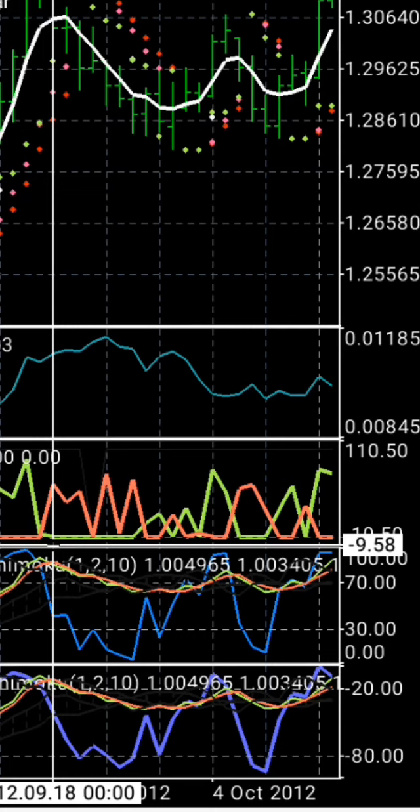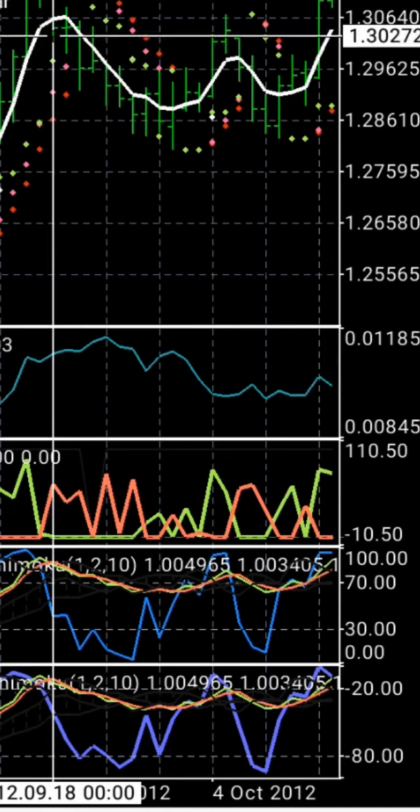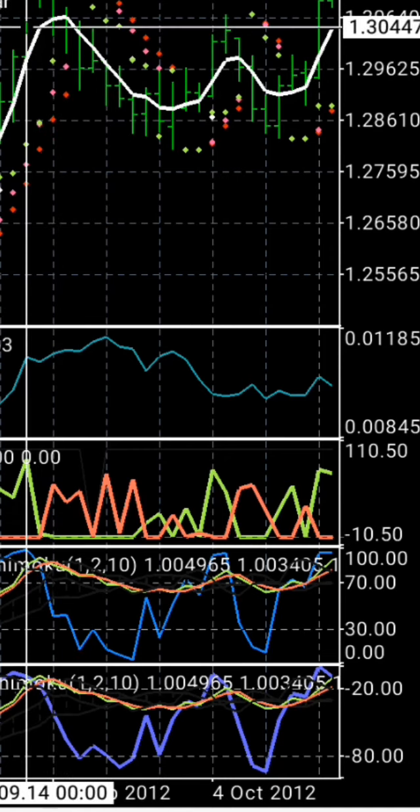So we would have entered here and gone south, and we'll have locked in all this. Yeah, I will have exited. Where will I have left this market?